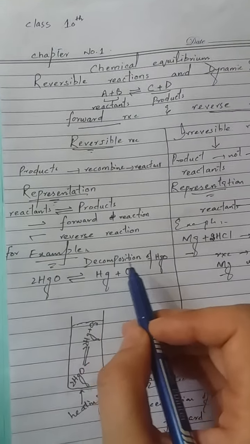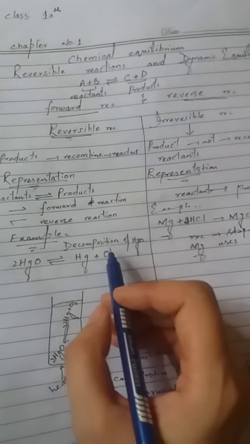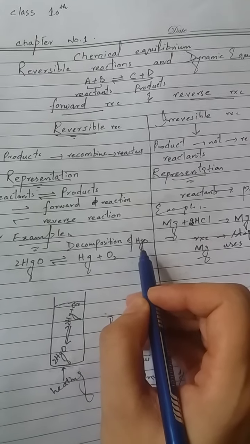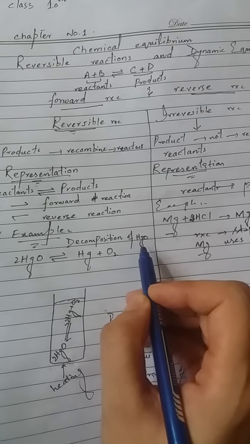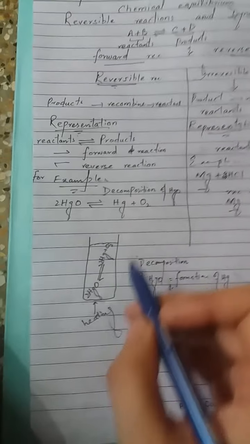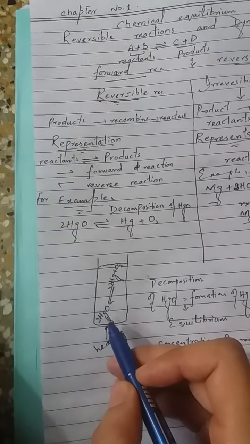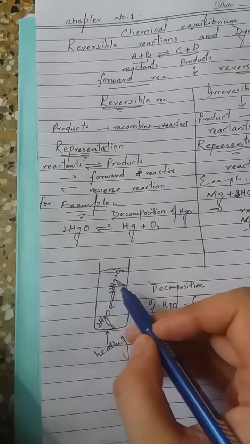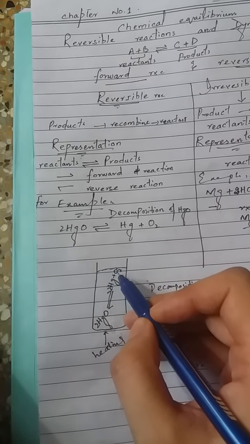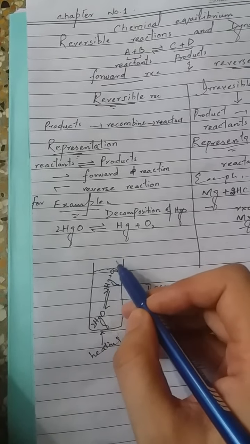For example, if we study the decomposition of mercuric oxide, HgO, this mercuric oxide is heated in a closed test tube, so that mercury, Hg, and oxygen cannot escape from the test tube during the chemical reaction.